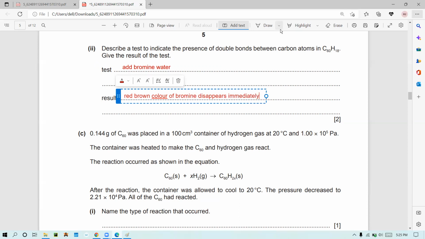When you write the bromine using a symbol, don't write just Br, write Br2.